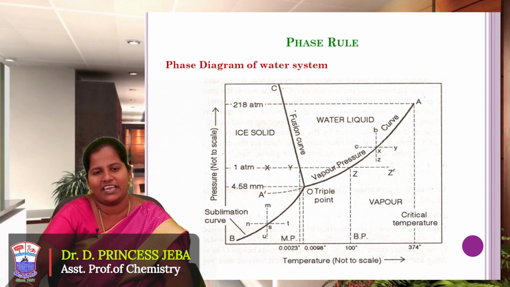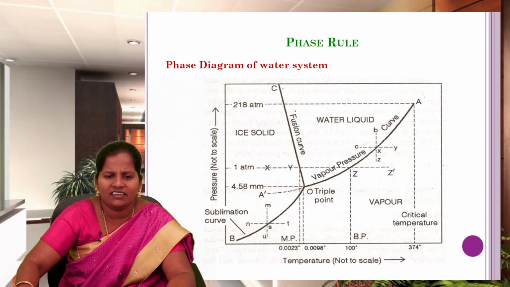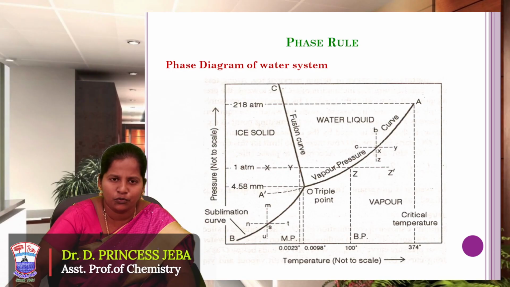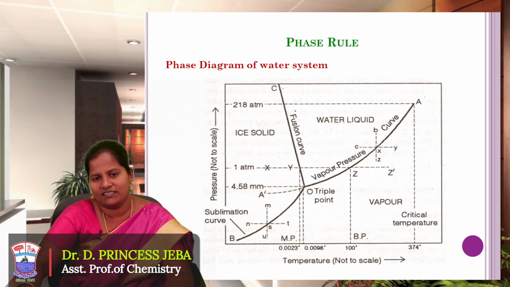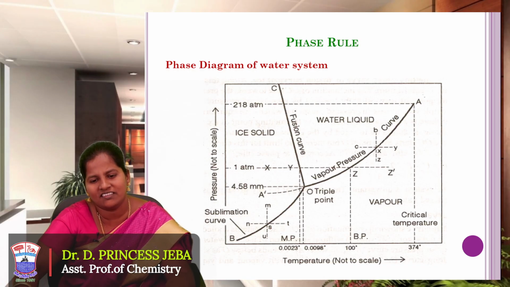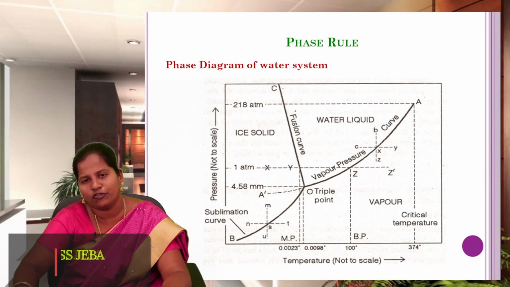So from the phase diagram of the water system, we are able to clearly explain the various phases in equilibrium. Along the curves, we have two phases, and there is a very important point called the triple point O. At this triple point, the solid, liquid and vapor phases are in equilibrium, and the temperature is 0.0098 degrees Celsius and the pressure is 4.58 millimeter of mercury.